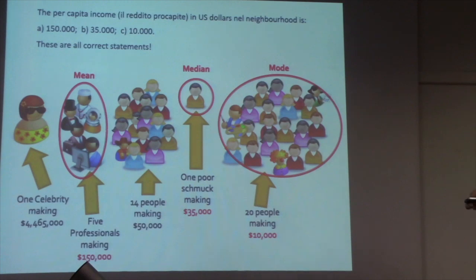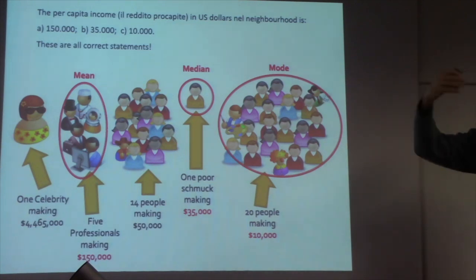Supponiamo che nel quartiere ci siano 20 persone povere che guadagnano 10.000 dollari l'anno, delle persone che se la cavano con 35.000 dollari l'anno, una sola, altre 14 che se la cavano appunto con 50.000 dollari l'anno, una serie di persone insomma benestanti con 150.000 dollari l'anno e una ricchissima signora che abita sulla collina in vista sul mare che fa 4 milioni e mezzo di dollari l'anno.